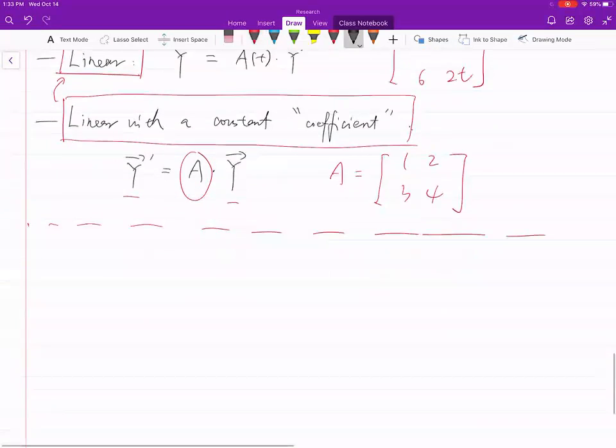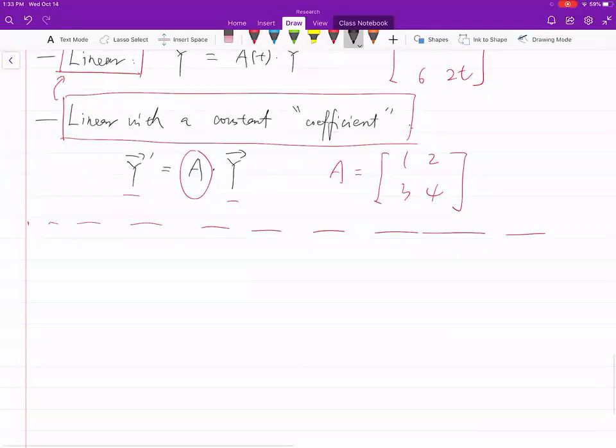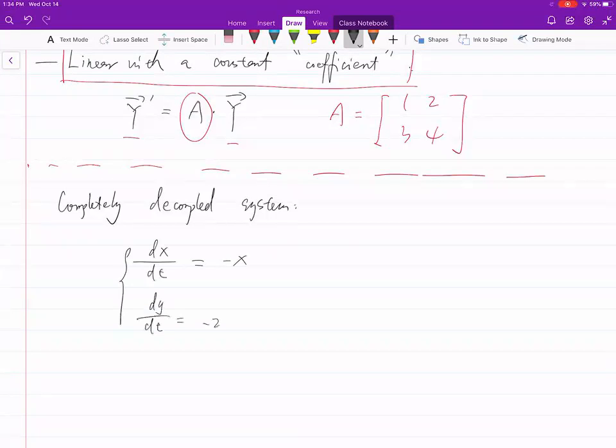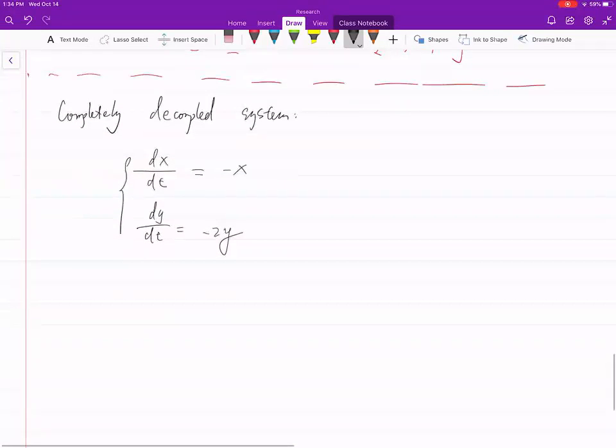Now let's talk about the system we just did. Fully or completely decoupled. Remember, we only care about the constant case, so let's just take a look. That's completely decoupled. Take a second look.